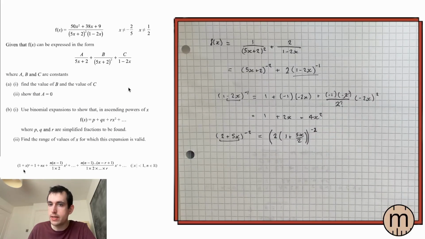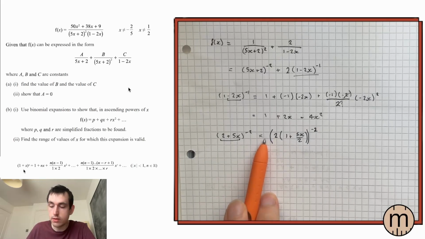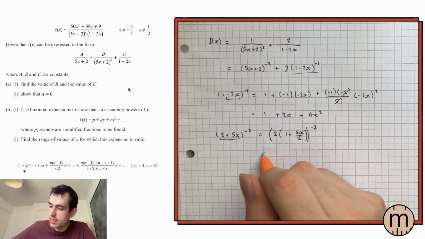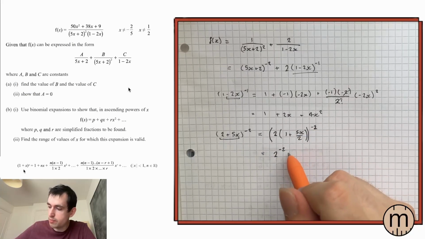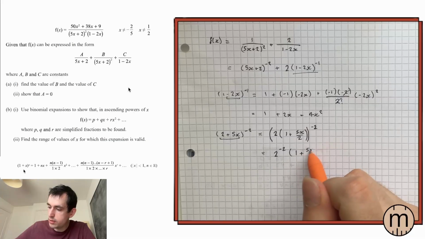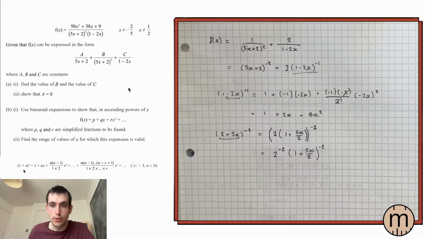And that's very important, and that's a very common cause of issues because sometimes that 2 is just on the outside, which would be wrong. If it's on the inside, then we have to do 2 to the power of minus 2, followed by 1 plus 5x over 2 to the power of minus 2, using our laws of indices.